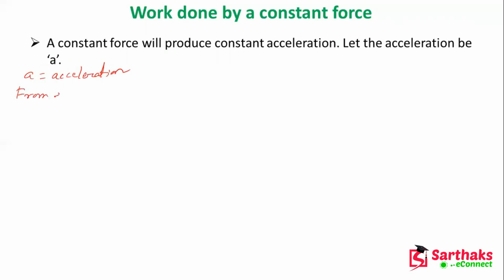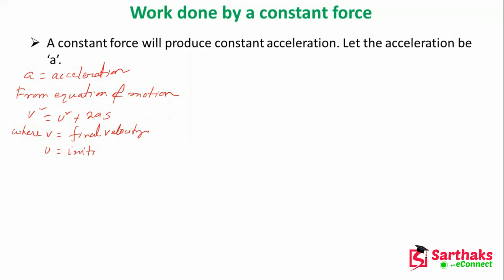Now from the equation of motion, we can write down v square equals u square plus twice a s, where v is the final velocity, u is the initial velocity, a is the acceleration, s is the distance, right?